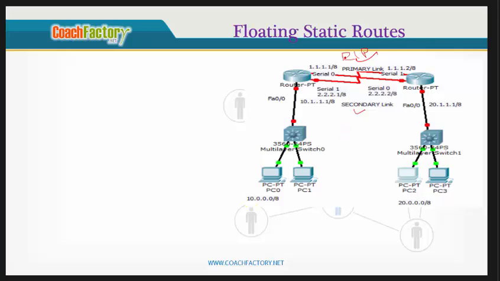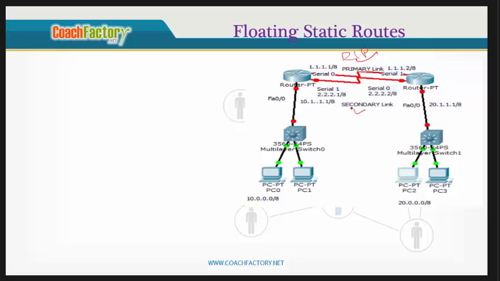So we'll be using RIP as our primary routing protocol, and we'll be using static as our secondary routing mechanism. So we'll be giving a higher administrative value to the static route compared to RIP. RIP gets 120, so we can give the static route an AD value of 121 or more than that.